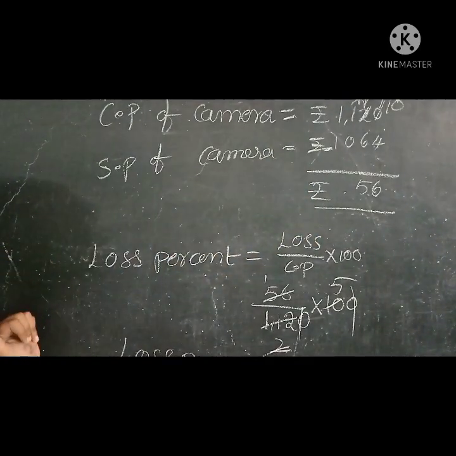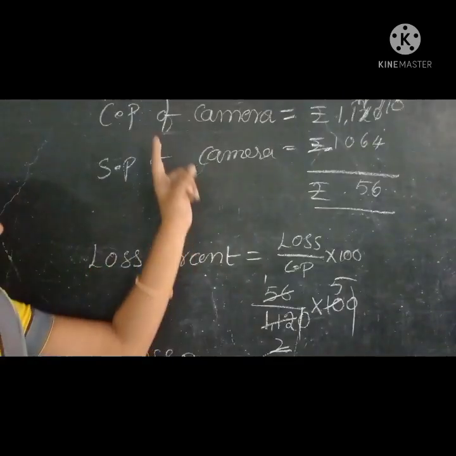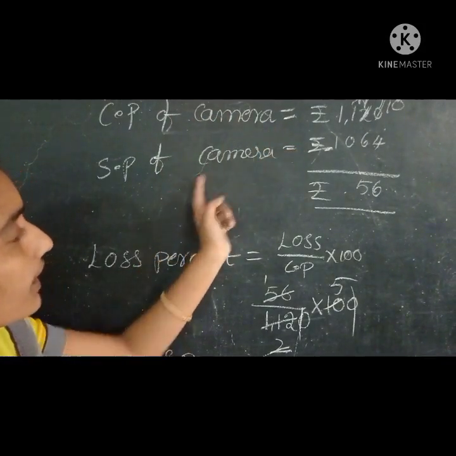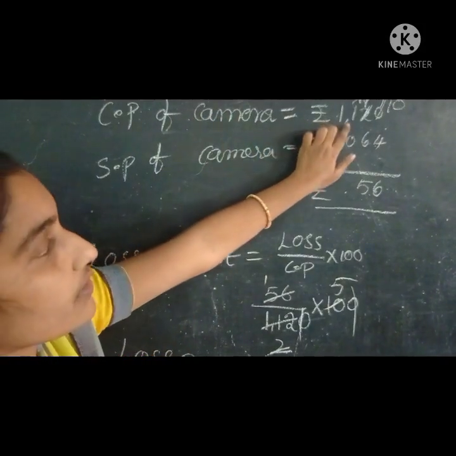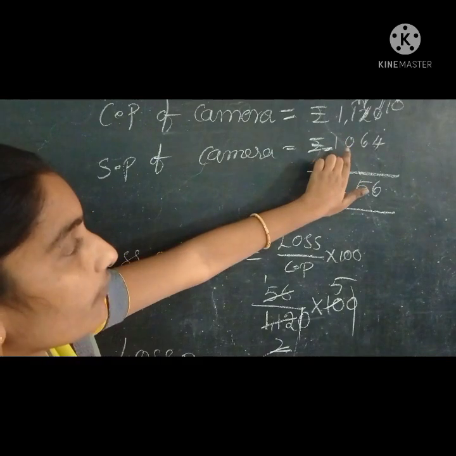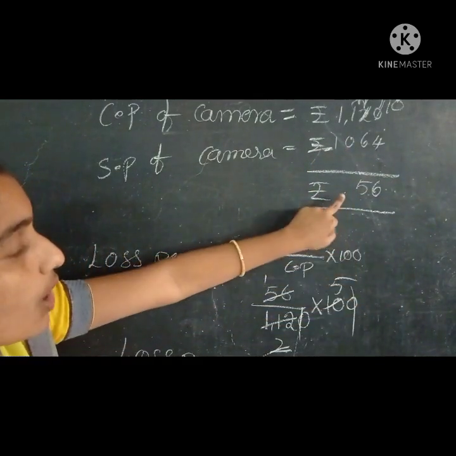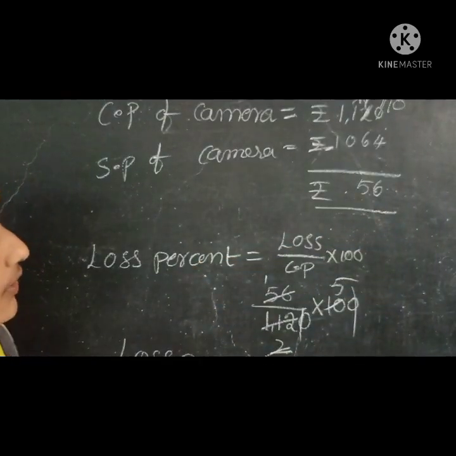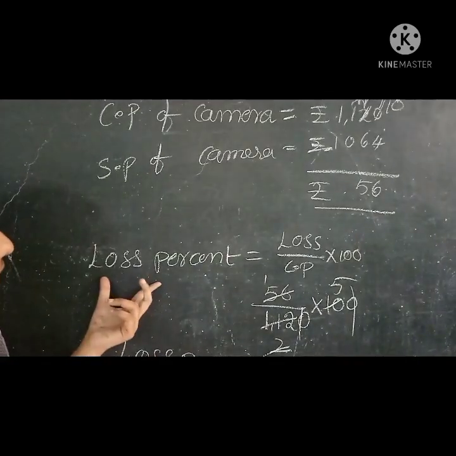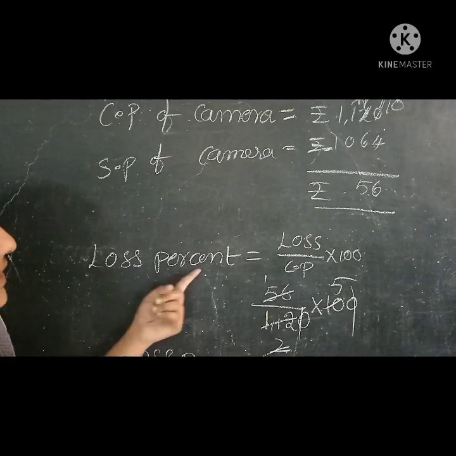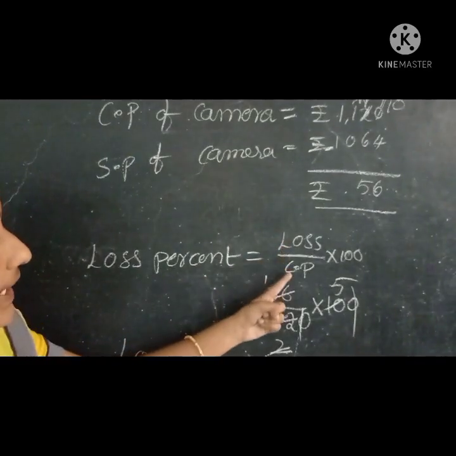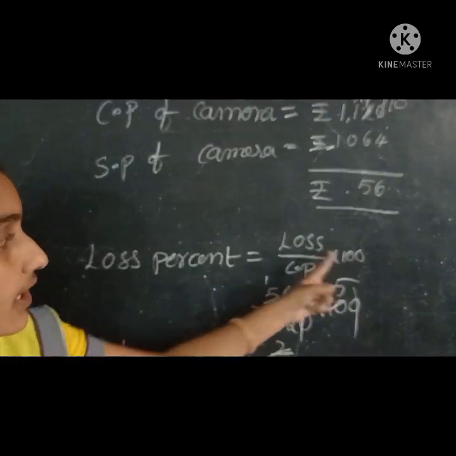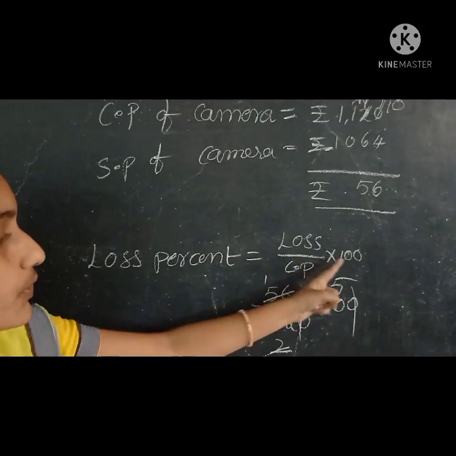So cost price of camera minus selling price of camera, 1120 minus 1064 rupees. So how much rupees of loss we get? 56 rupees of loss. So next, what is the loss percentage formula? Loss percent equal to loss by cost price into 100.